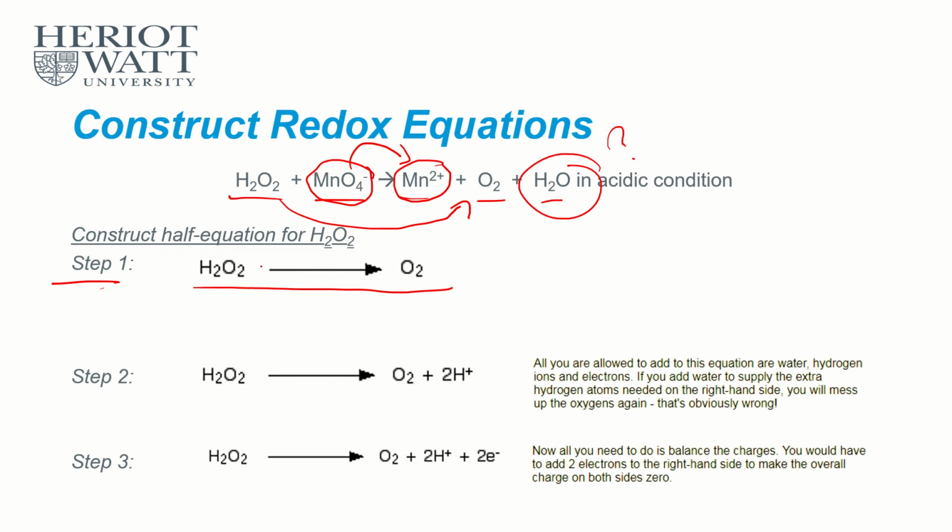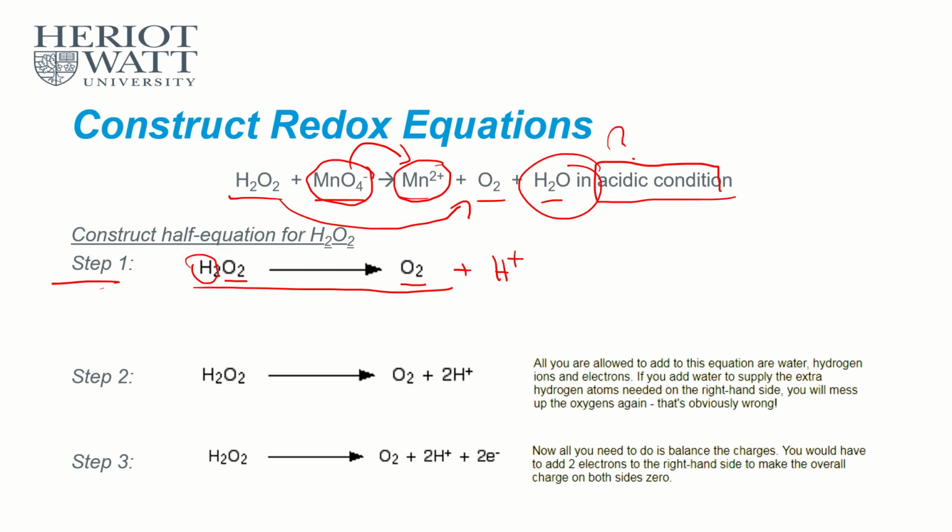Now look at this. I have O2 here, and I already have O2 here, so oxygen is balanced. What about hydrogen? I don't have hydrogen on the right. In order to balance the hydrogen, you can add H plus. Where does the H plus come from? It is from the acidic condition.